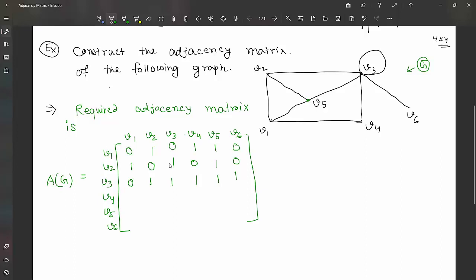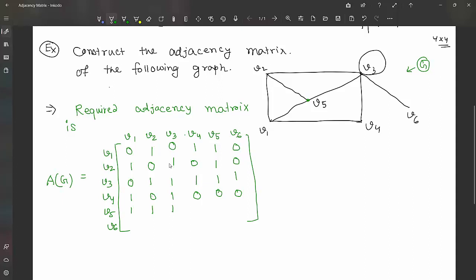Now V4 is adjacent to V1 and V4 is not adjacent to V2, V4 is adjacent to V3, V4 is not adjacent to V4 because there is no self loop. V4 is not adjacent to V5, so this is 0. V4 is also not adjacent to V6, so we put here 0. Now V5 is adjacent to V1, also adjacent to V2, also adjacent to V3.